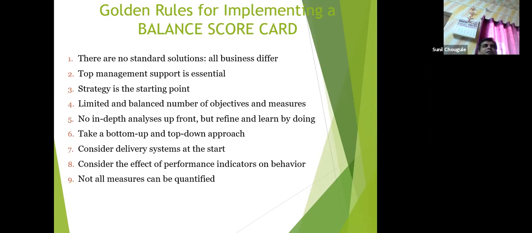They fear: what if on account of performance appraisal my salary is decreased, I am demoted by top management, or will it be a rewarding performance appraisal or punishment? Every other person has this fear. Not all measures can be quantified. This is what is relevant to the golden rules for implementing a balanced scorecard.